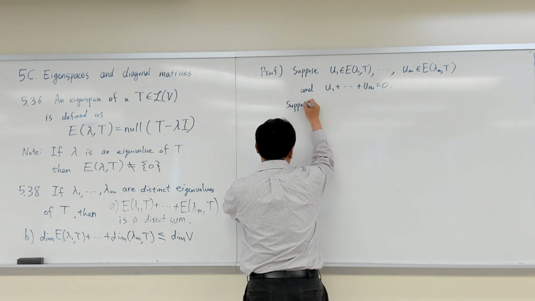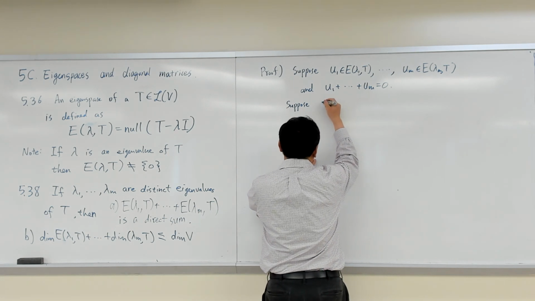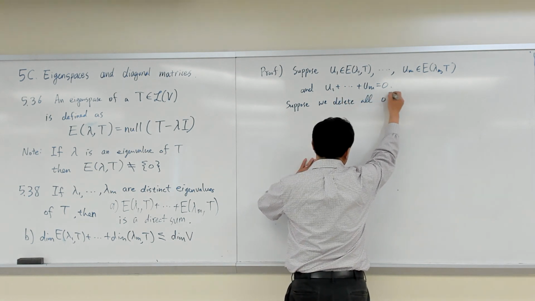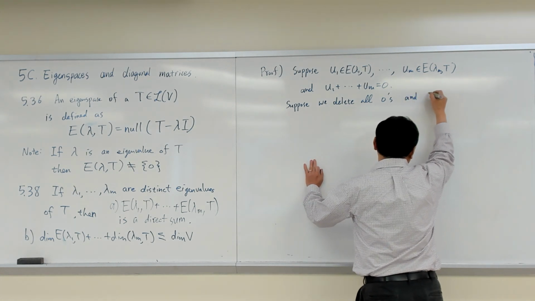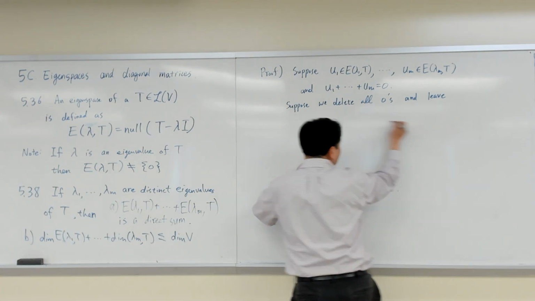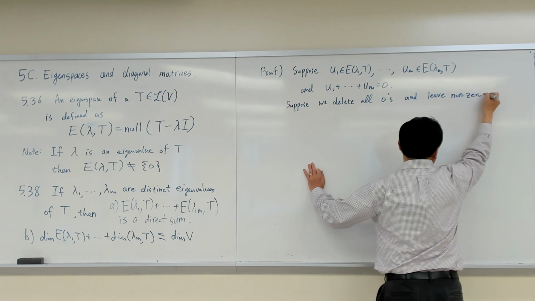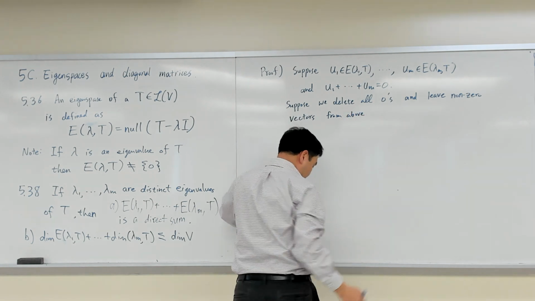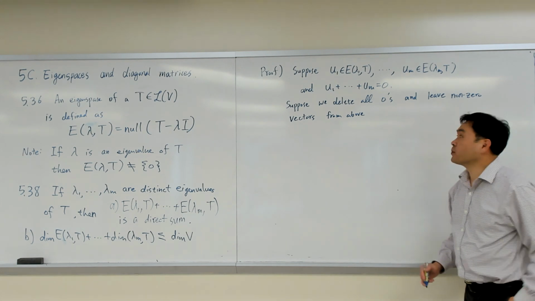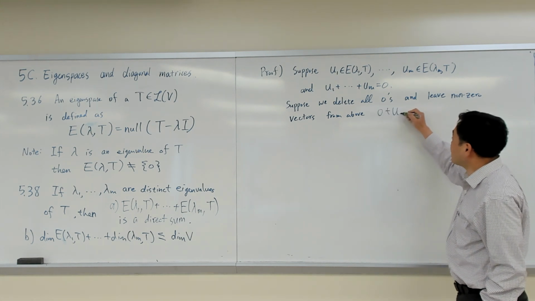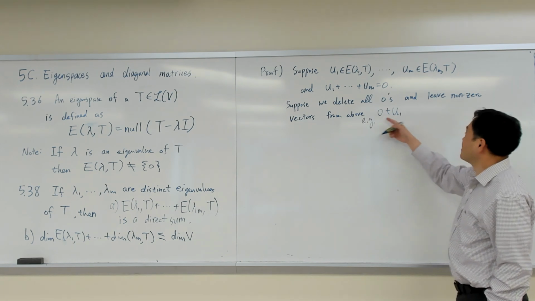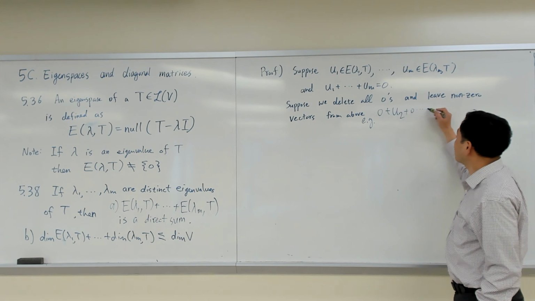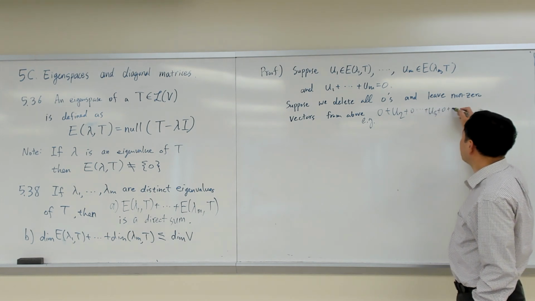Suppose we delete all zeros and leave non-zero vectors from above, so that some of them are zero, and let's say u2 is non-zero, and you might have u5 non-zero, and other things 0.